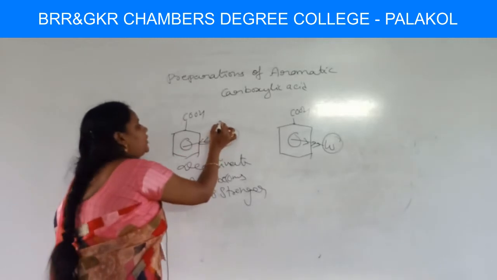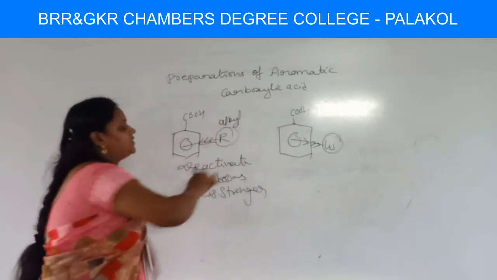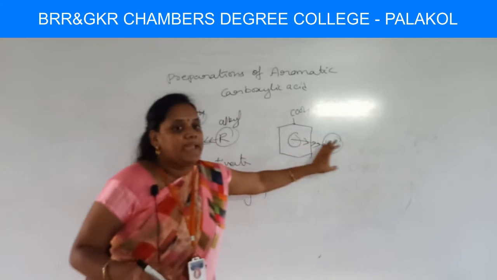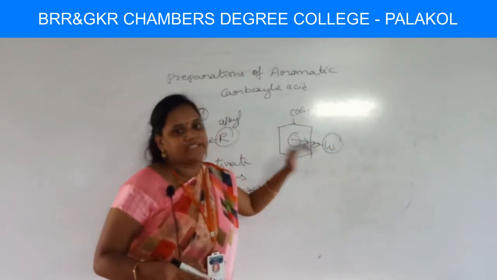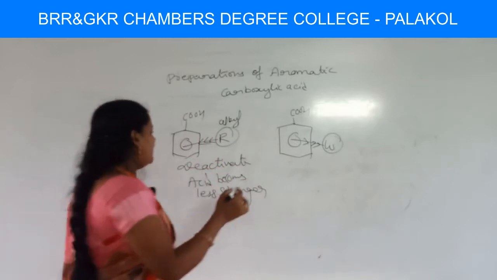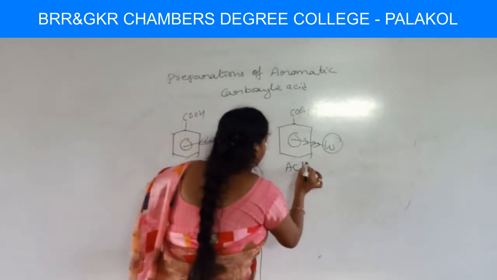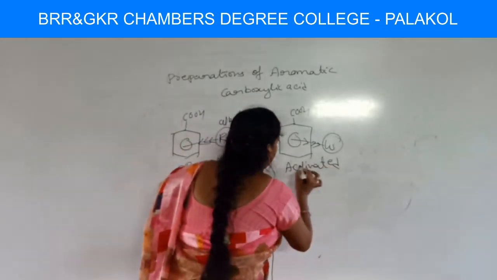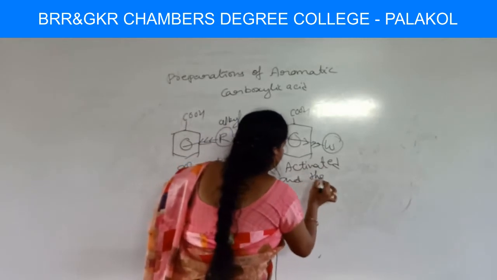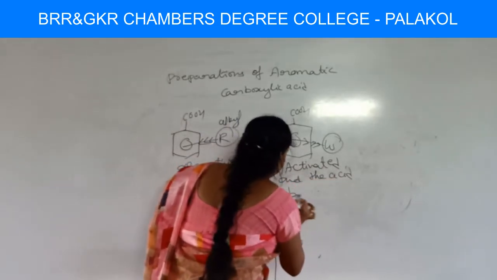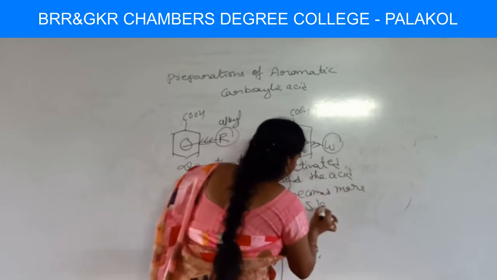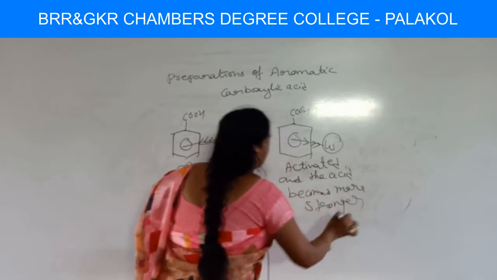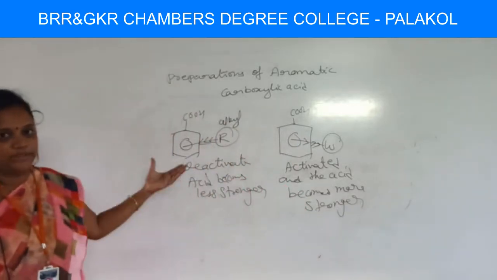Electron releasing groups release electrons to the benzene ring, whereas electron withdrawing groups withdraw electrons from the benzene ring, so that the benzene ring is activated and the acid becomes stronger. Hence, the acid becomes stronger.